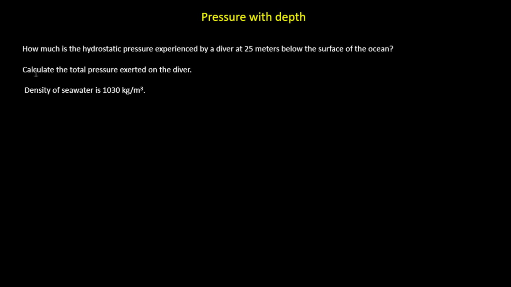So, pressure with depth. How much is the hydrostatic pressure experienced by a diver at 25 meters below the surface of the ocean? That is a very commonly asked question in IGCSE. If we have an ocean here and a diver is swimming 25 meters below the sea level, first calculate the hydrostatic pressure.